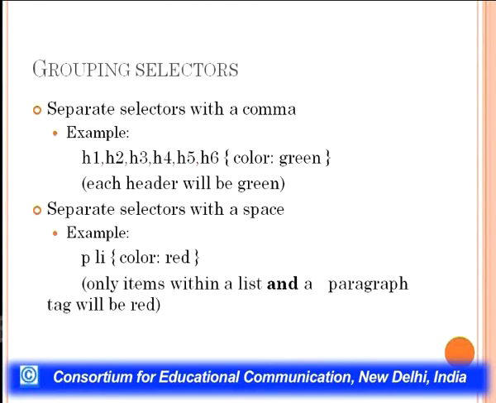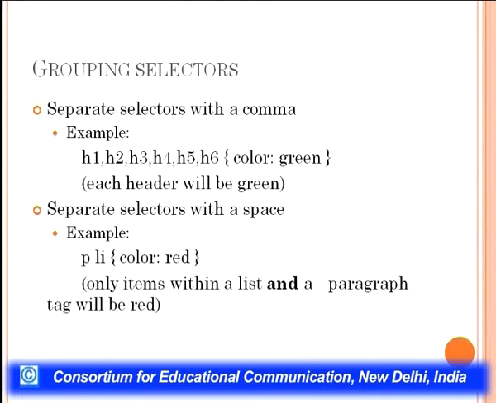Now besides this, we can always apply the same style for a group of tags. Like we understand that heading levels H1 to H6, we want all heading levels to appear in the same color. Then you can use this kind of syntax as it is shown here, and you can define a single color scheme for all the HTML headings. Now each header in this case will automatically become green.